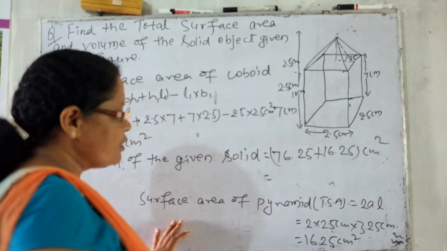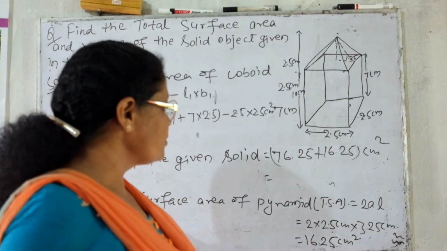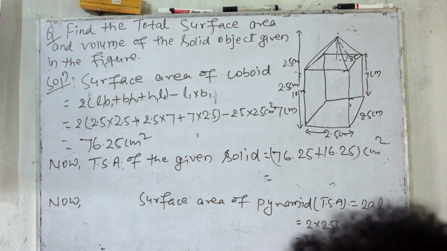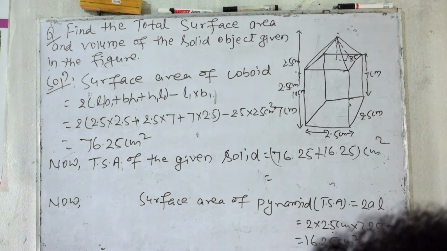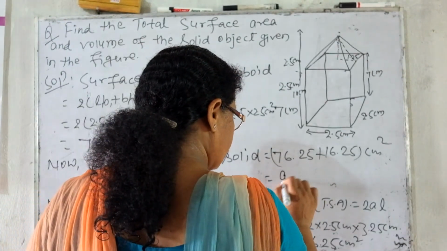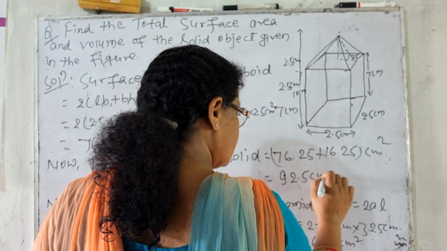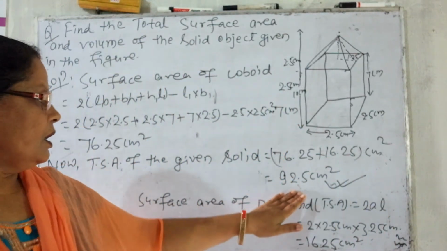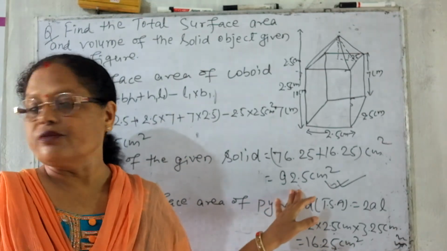It will be altogether 92.5 cm square. One answer is this. This total surface area we have found.